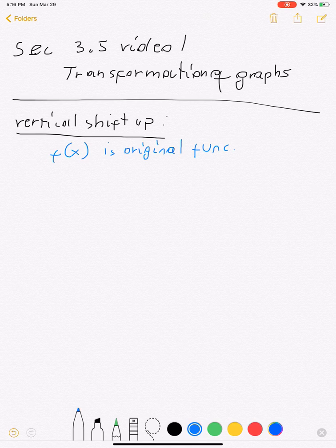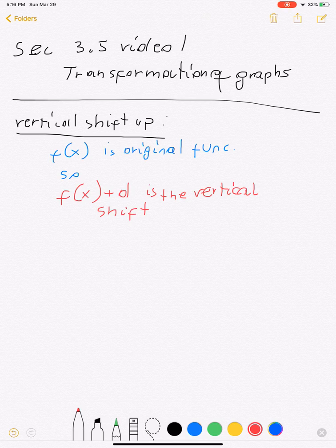Okay, so the new function, which is f of x plus d, plus coefficient, is the vertical shift of the original function f of x by d units up.